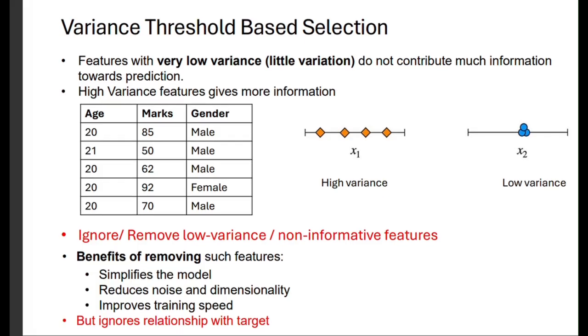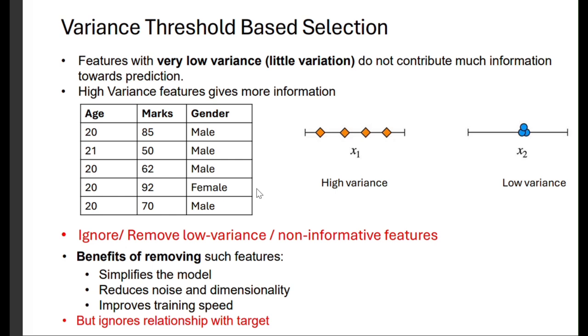Now, as I have mentioned earlier, variance threshold based selection. It removes features with very low variance, that means very little variation, and do not contribute much information towards prediction. High variance features give more information, as we can see in this table. Ignore or remove low variance or non-informative features.